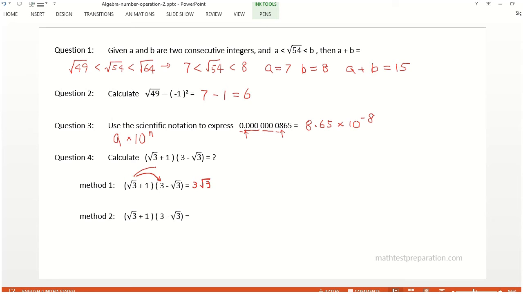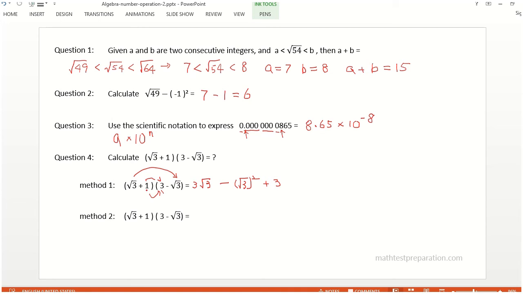Square root 3 multiply negative square root 3, which is subtract square root 3 square. And the second term in the first parenthesis multiply the first term in the second parenthesis should be plus 3.